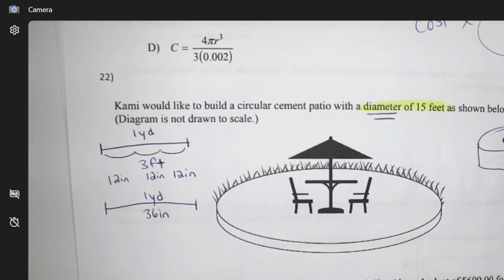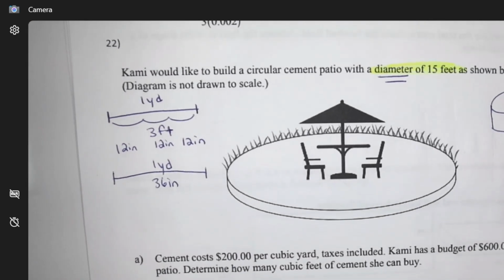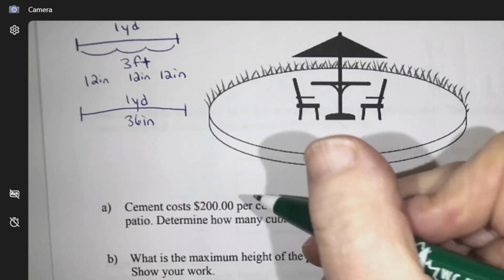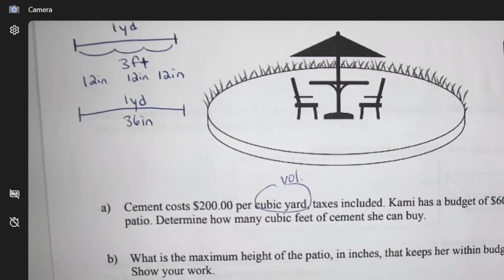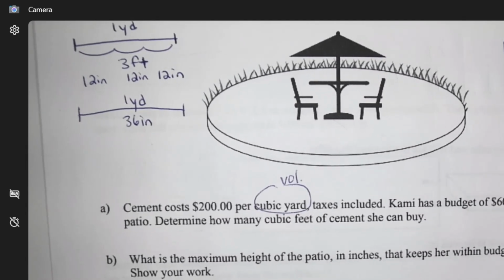Okay, so when we're doing this volume, cubic yard means volume, but it's in cubic yards. So when we do our measurements, they're all going to be in yards. So 7.5 feet equals how many yards?